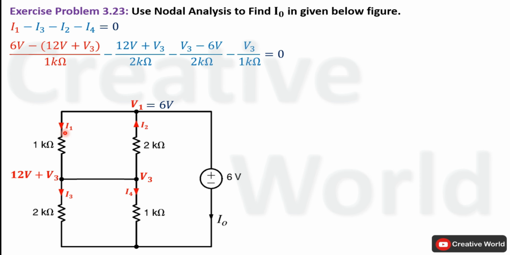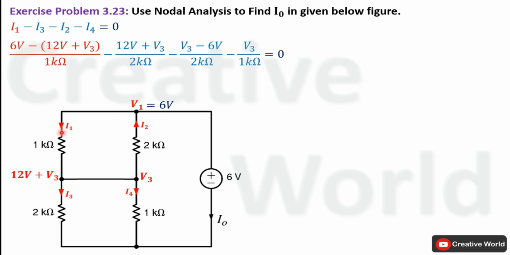Current I1 will be equal to V1 minus 12 volt plus V3 divided by 1 kilo ohm, because this resistance is connected between these two non-reference nodes. So the potential difference of these two non-reference nodes divided by the value of resistance will be equal to current through this resistance.